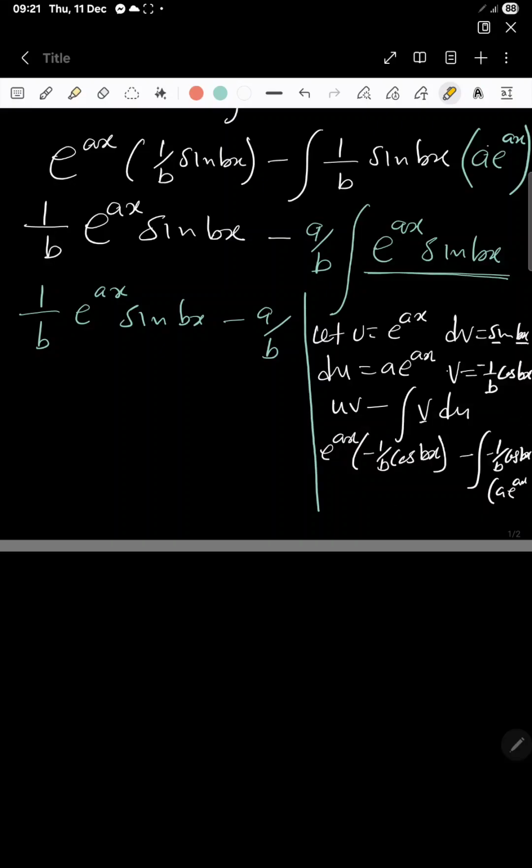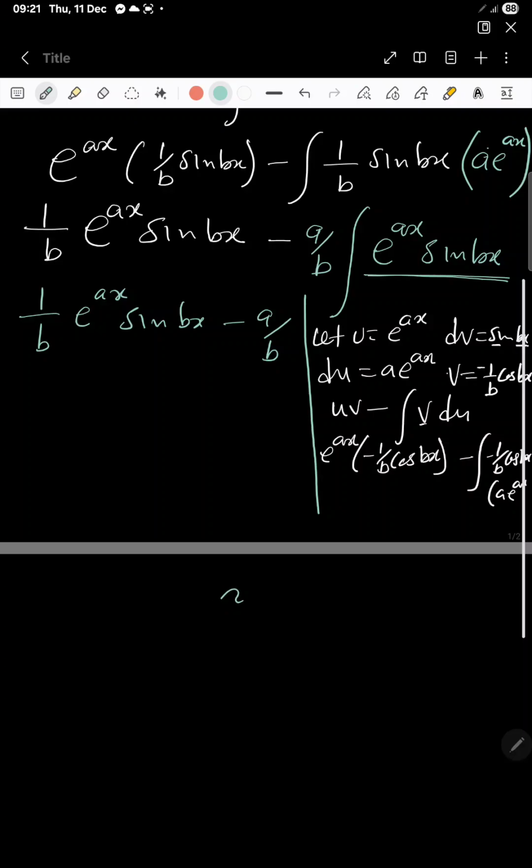So we're going to say this is equal to, we have e to the power ax times negative 1 over b. We are going to have negative 1 over b e to the power ax, then cos bx. What I've simply done here is multiply these two, and then minus. Negative and negative will give us a positive.